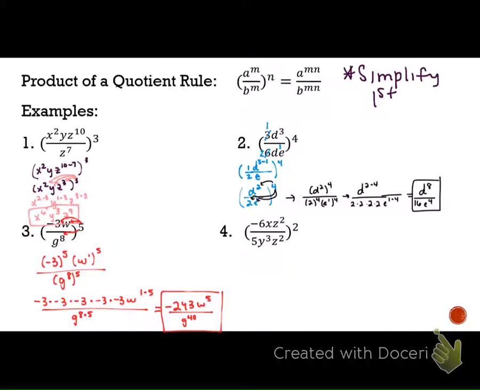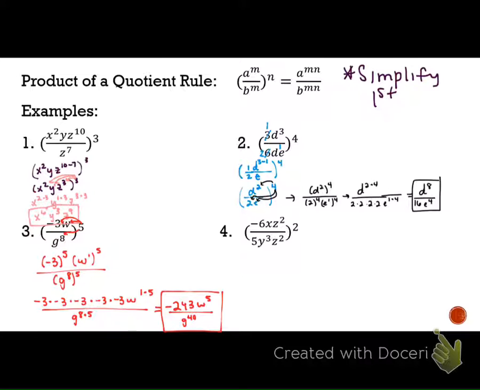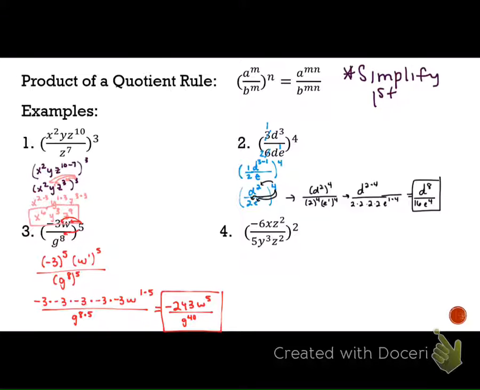So, Kelly, help me out with number 4. What am I going to do here? Okay, can we simplify anything first? You will do that too eventually, but can we simplify anything first? Guys, please pay attention. Do we have anything in both numerator and denominator that can be simplified? Which one?